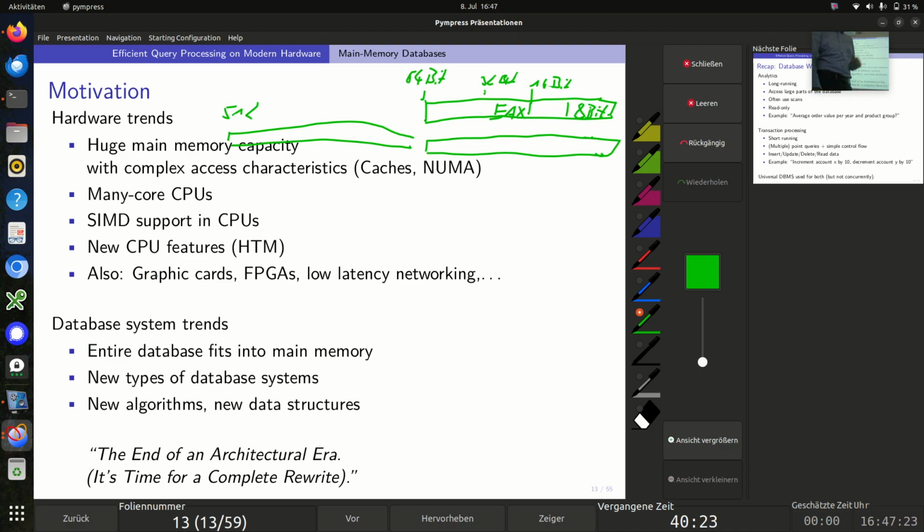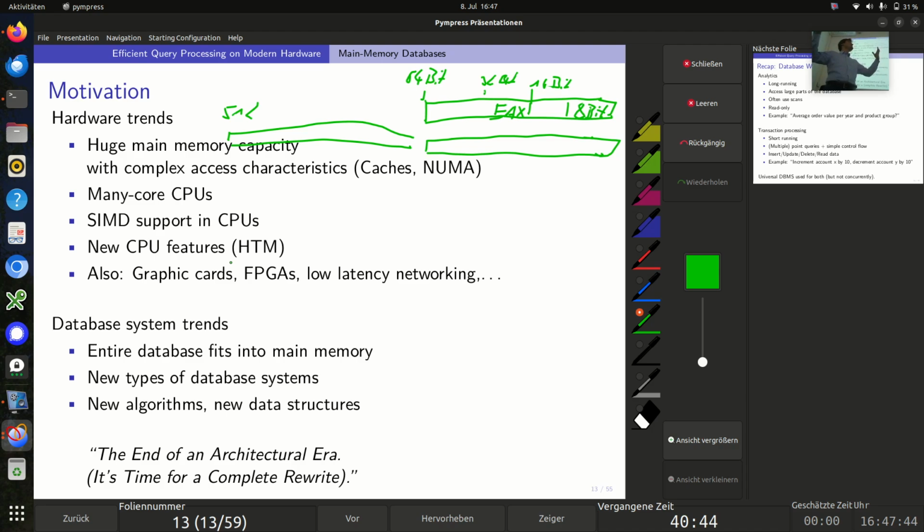So we have new CPU features. HTM is hardware transactional memory. If you remember the first lesson we had with transactions, you have the atomicity of a transaction. Is it possible to achieve this also on the CPU?